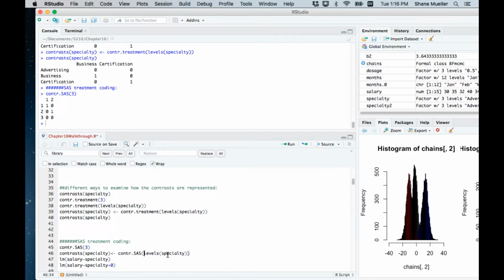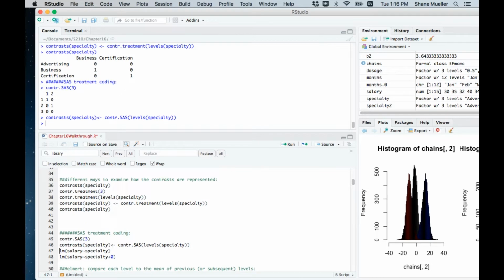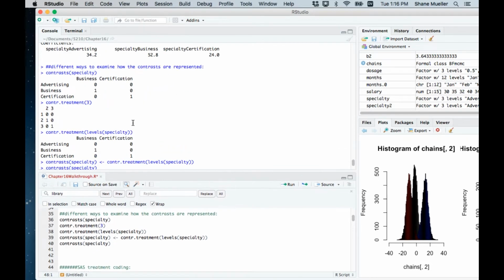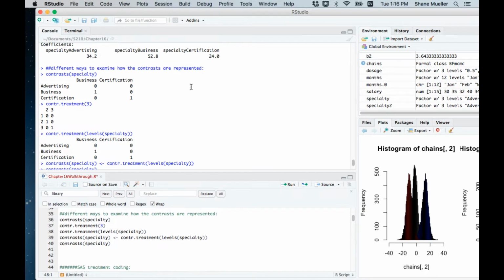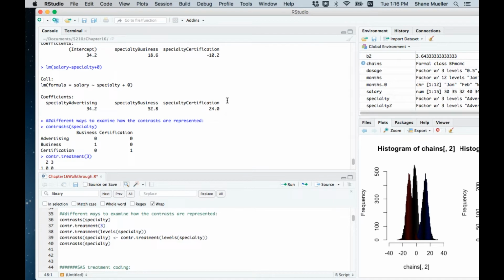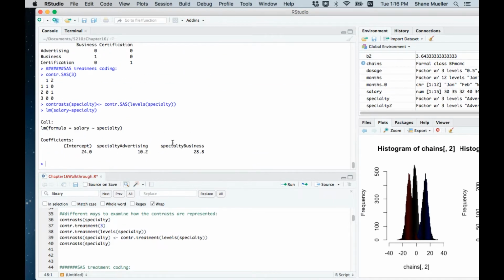I can reset now like this, and now you can see my intercept is 24, whereas before it was 34.2. It's relative to the mean of the last one, and everything gets coded with respect to that. I get advertising and business, but I don't get a certification level. Advertising is 10.2 more than certification, and business is 28.8 more than certification.